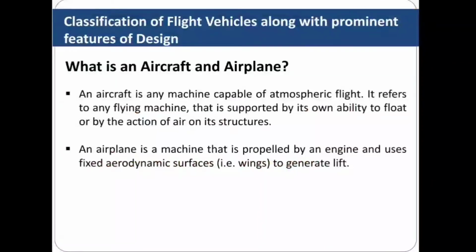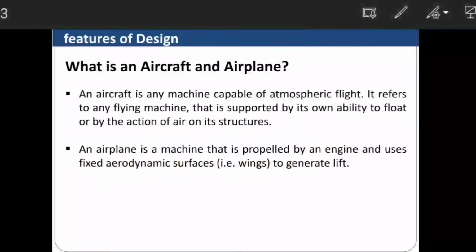Then we are going to see the definition of aircraft and airplane. Students or candidates simply use these words, which are very common. But do you know what an aircraft and an airplane are? Let's see. Aircraft is any machine capable of atmospheric flight.